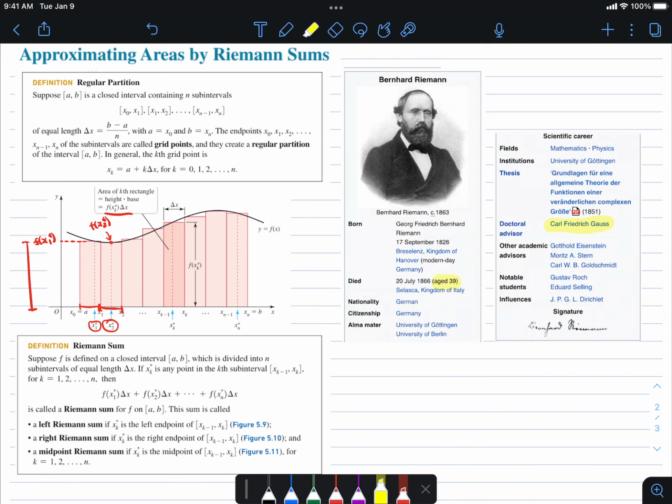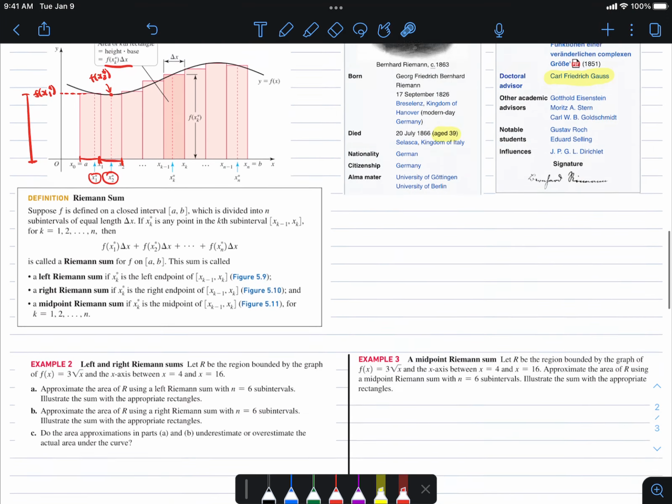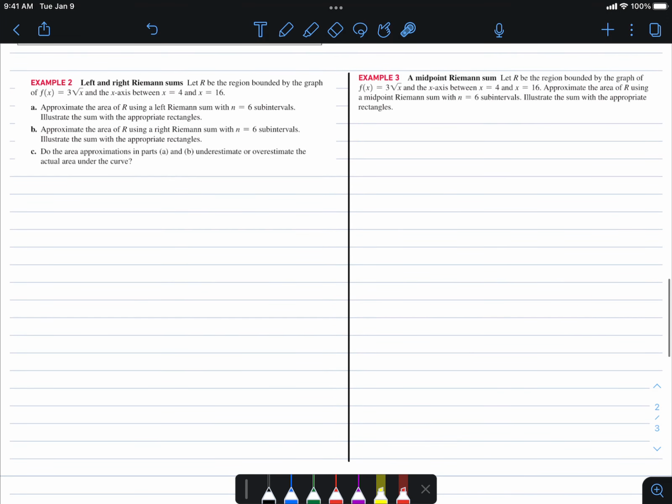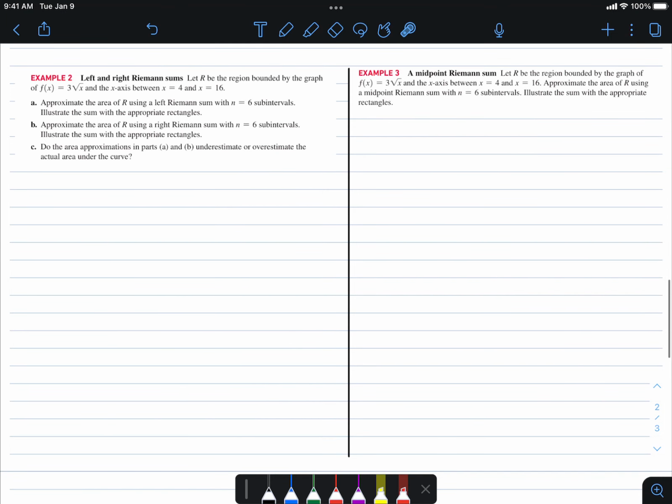He created the theoretical foundations of this calculation we're doing here of finding the area under a curve. Ideas like this existed before, but he was the first one to formalize them using those names and definitions. Congrats to him. He also created Riemannian geometry, which serves as theoretical foundation for relativity theory and many other fields. All right, so let's go into calculating our first left and right Riemann sums.